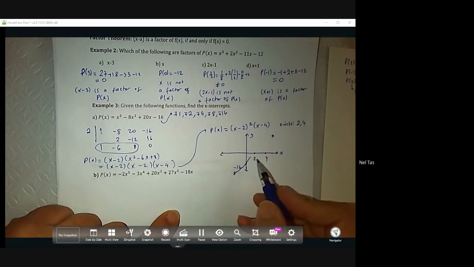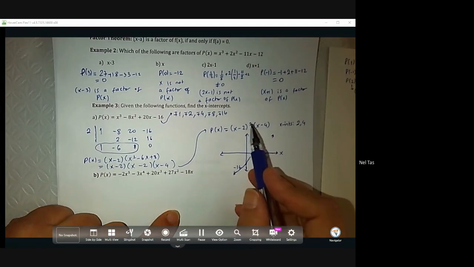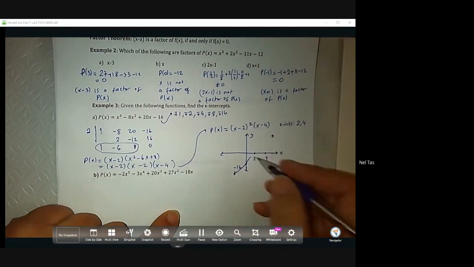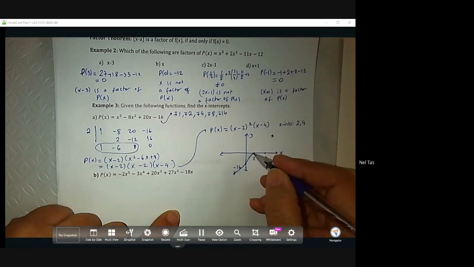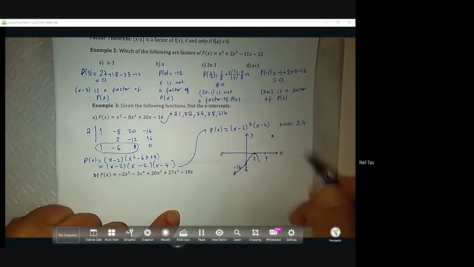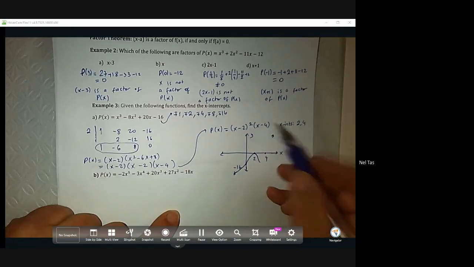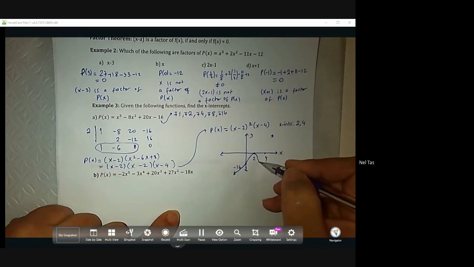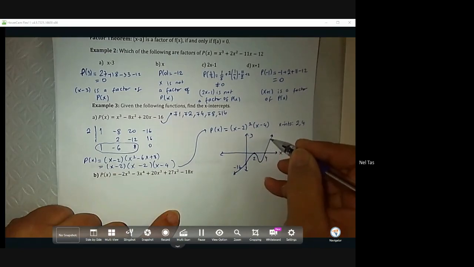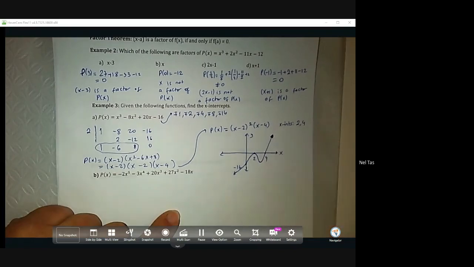Now when you reach the first x-intercept on the left, you check the order. So that has an order 2. Means you are going to make a parabolic behavior around that x-intercept. Okay? And then you go to the next x-intercept, which is 4. That has an order 1. So means that you're going to do a linear behavior around that x-intercept. Means you're just passing through this line. That's how it would look like.